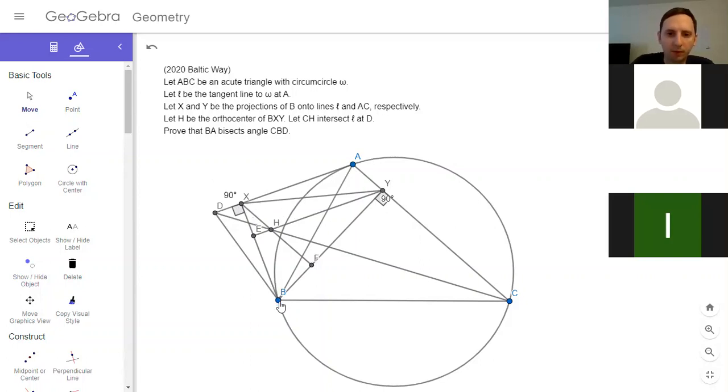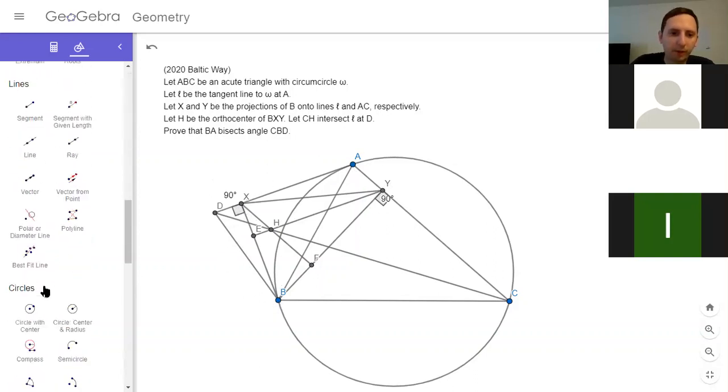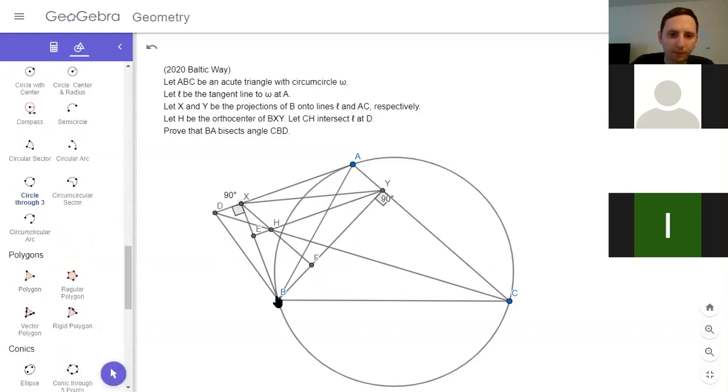Interesting. So, yeah, we know BXAY is cyclic. So basically, we kind of want to show angle DBX plus ABX is CBY plus ABY.